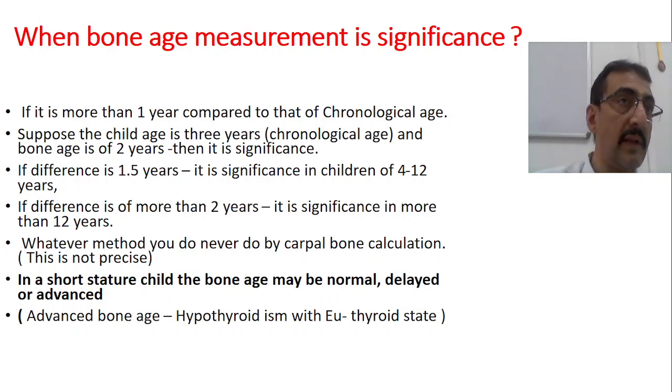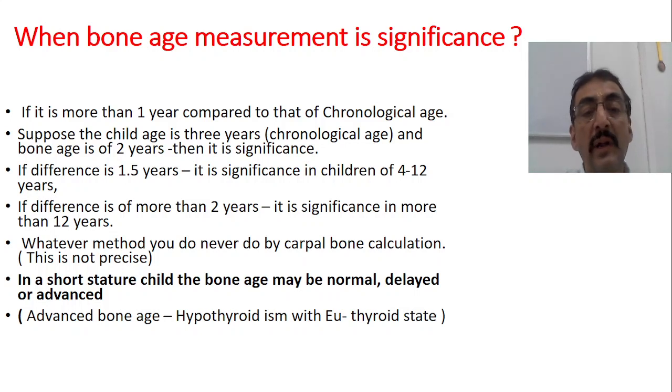This part we also covered in the last class: if the difference is 1.5 years between 4 and 12 years of age, it is significant. If the difference is more than 2 years and the age group is more than 12 years, then also it is significant. Whatever method you follow, never go by the carpal bone calculation; that is not an accurate method, not a precise method.